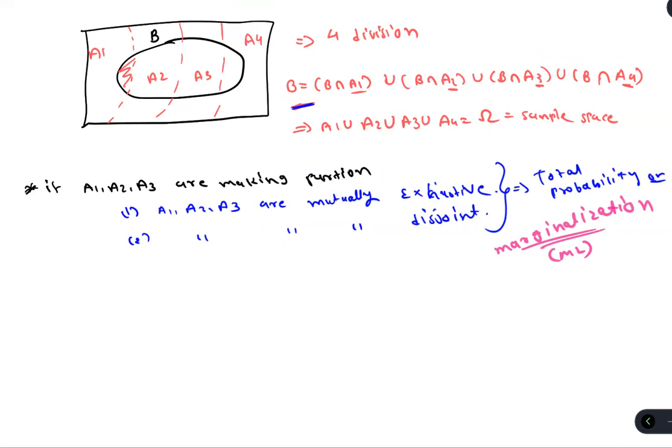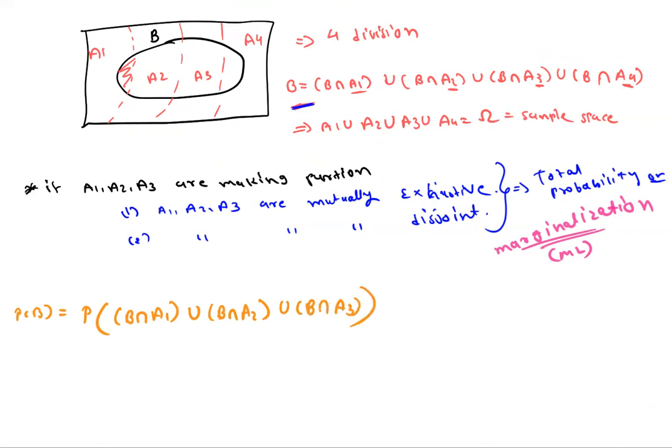Okay, so for event B, we can say that the probability of B is P of B intersection A1 union B intersection A2 union B intersection A3, and we know that all three are mutually disjoint.